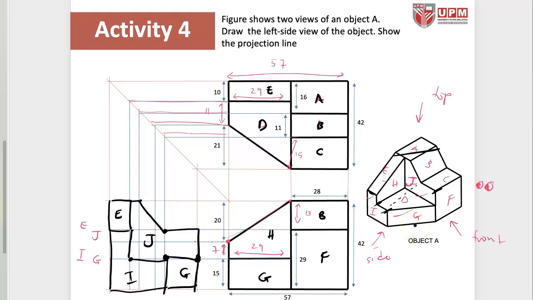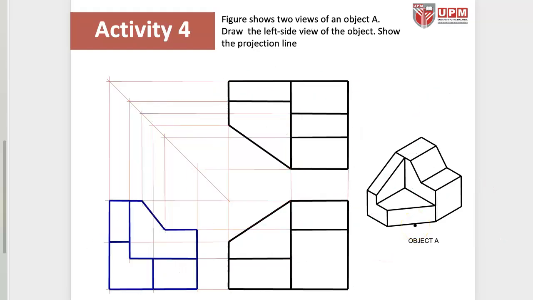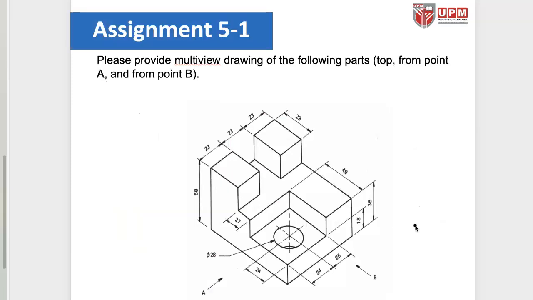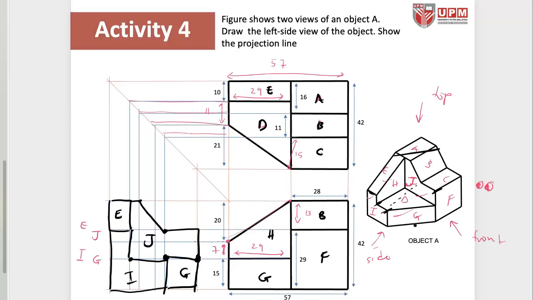Okay, let's see. Did we get that correctly? I think I made a mistake again, where my E is incorrect again. Let's see. So E should be starting from F. So that should be correct.